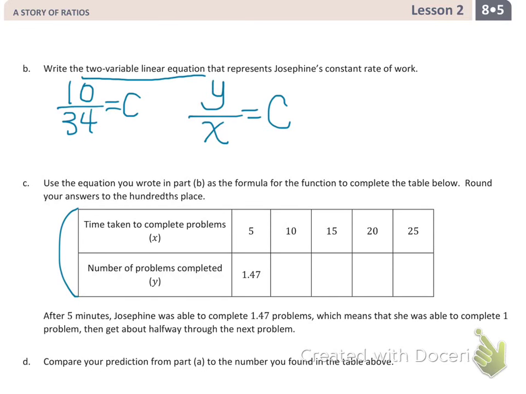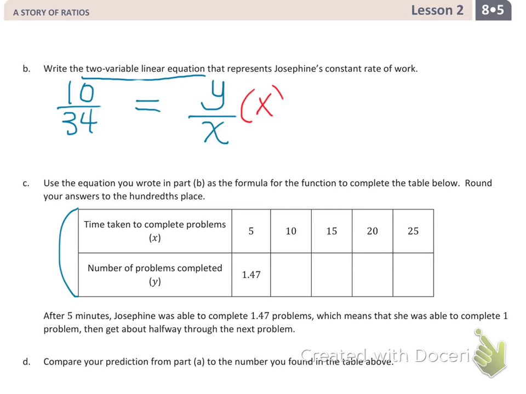All right, so this looks like one of those distance time problems here. Those are both equal to the same constant because we're assuming constant speed for her homework assignments. And so I can write that equation there. And so I'm going to do the same thing that we've done.